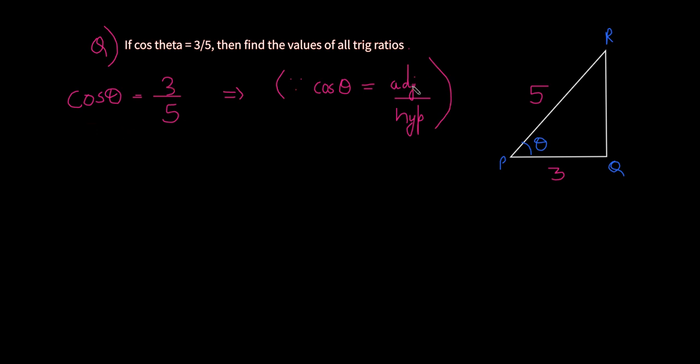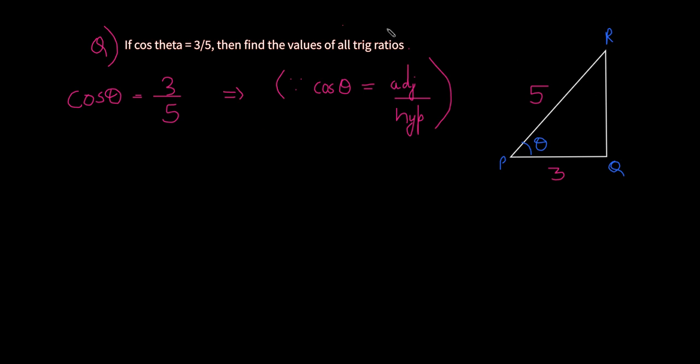Here 3 corresponds to the adjacent side and 5 units corresponds to the hypotenuse. So cos theta is 3 upon 5, so adjacent side is 3 and hypotenuse is 5.